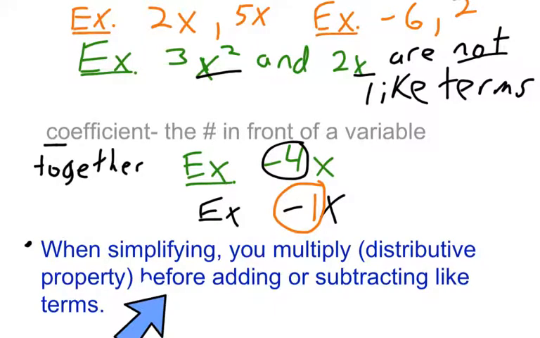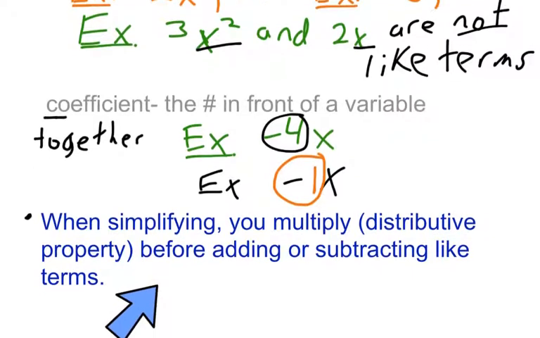And remember, we need to always remember PEMDAS. So when simplifying, we want to multiply, which means the distributive property is multiplication. So we want to do that before we add and subtract like terms. And we're going to do a couple of examples with that.